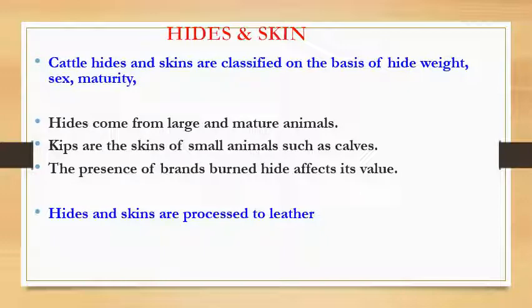Tanning is a very old process in which either vegetable tan or chemical tan is used, in which the hide or skin gets permanently converted with a very special property, so that it won't get easily decomposed or decayed, and that converted hide and skin is called leather. We will discuss more details about the processing of hide in a separate lecture.